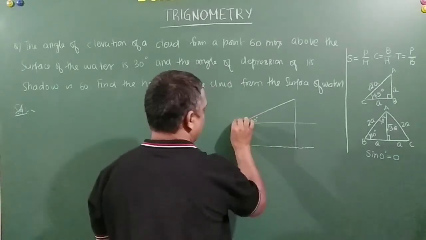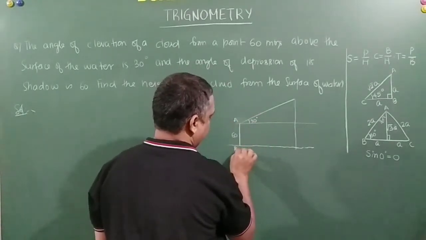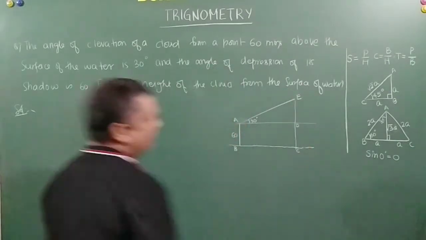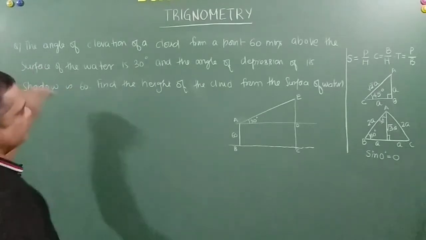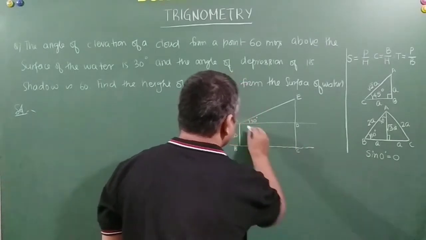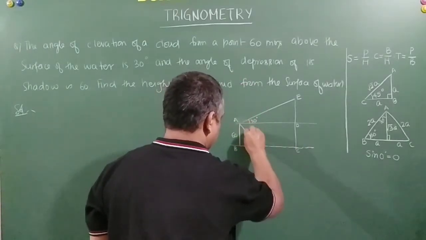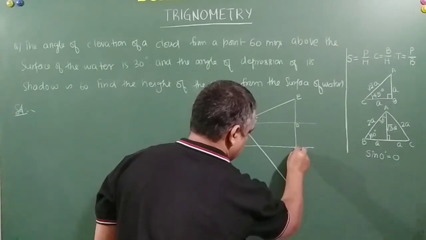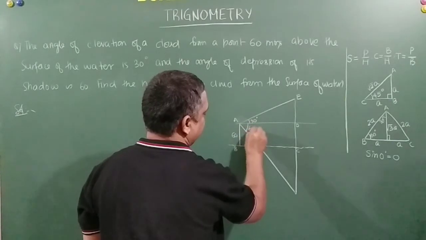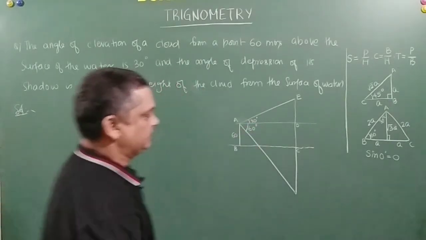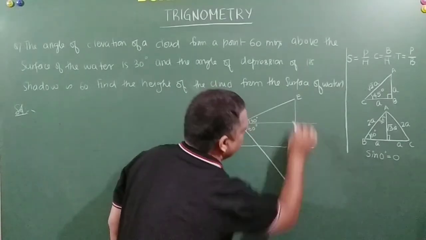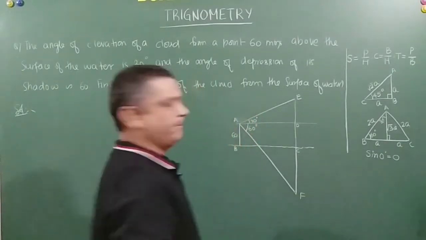You are getting it? I'll name it A, B, C, D, E. No problem? Now there is a shadow of this cloud, which is at an angle of depression of 60 degrees. This is 60 degrees from the same point. Right, friends? Now let's name this also E, and after that let's call it F.